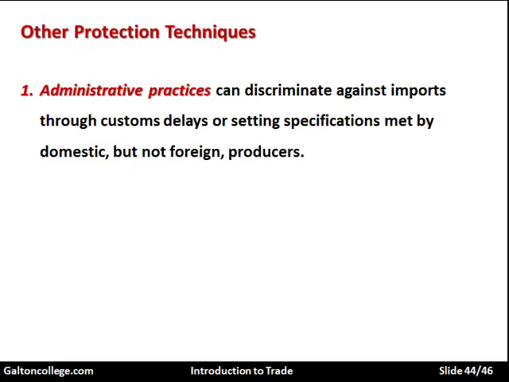It looks like they're allowing imports, but in fact they're being very inefficient at the port. They're taking a long time to do customs checks and deal with paperwork, and just inefficient. In fact, what they're doing is they're stopping imports. It's a protection technique.